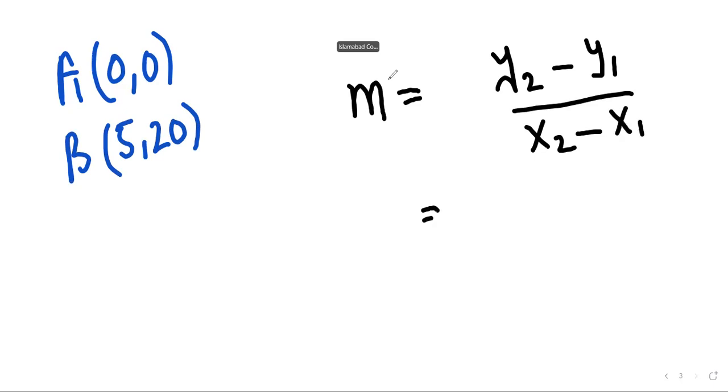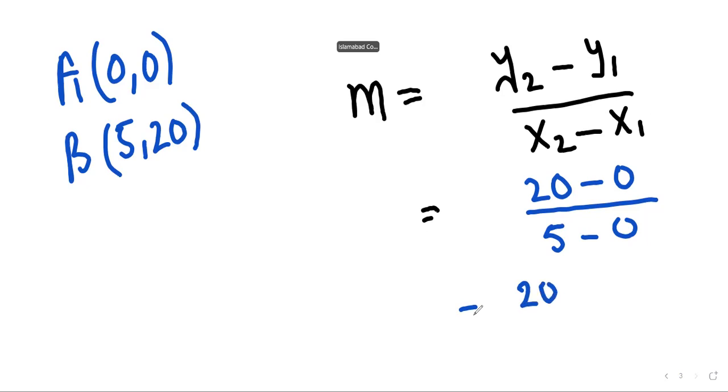Okay, so y2 is 20 and y1 is 0 over x2 is 5 and x1 is 0, so it is 20 over 5. It is plus 4. So plus 4 means, okay, now let's verify that whether it's an acceleration or not.